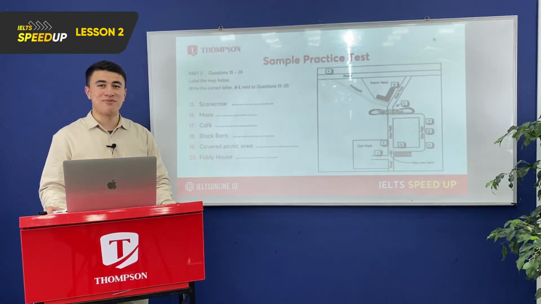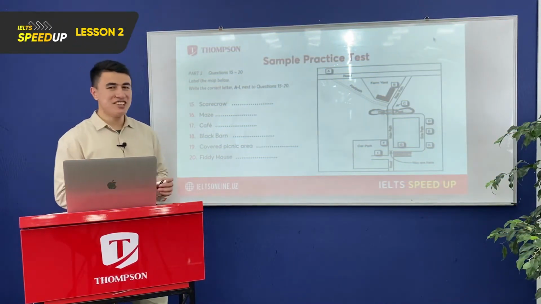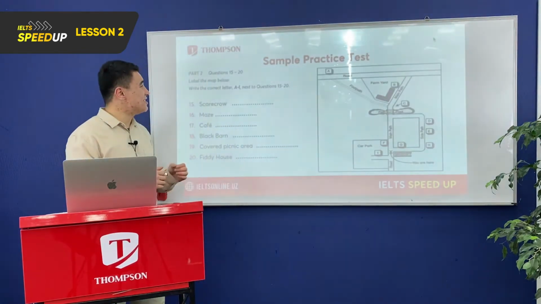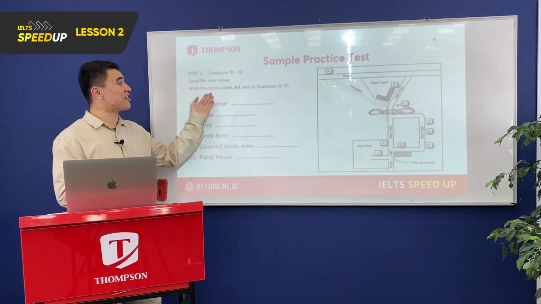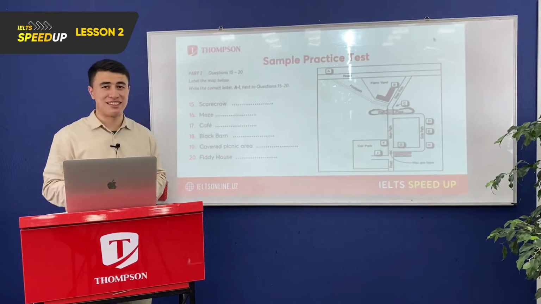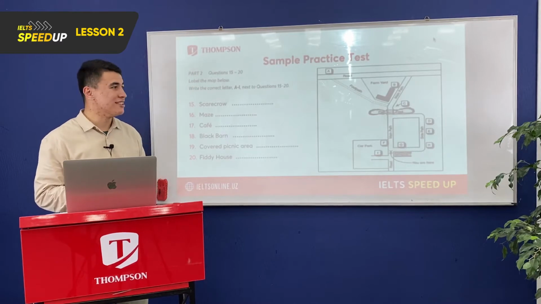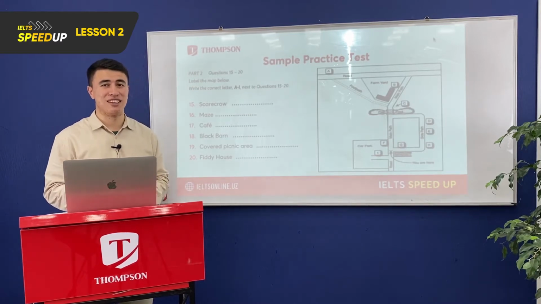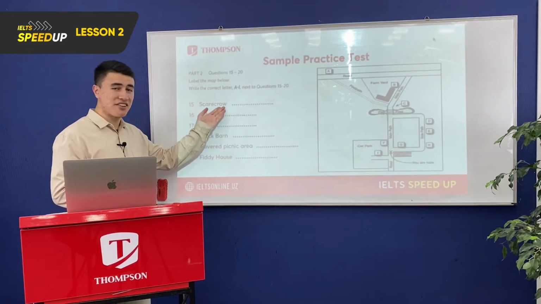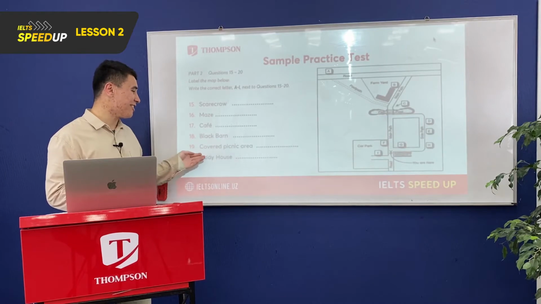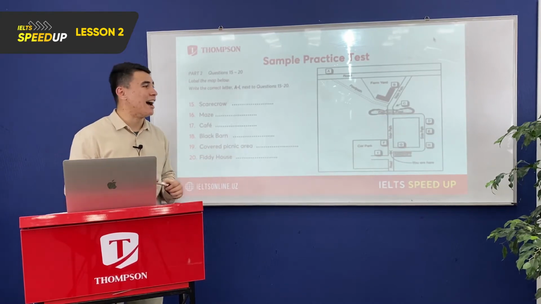Let's start practice. So here we have map labeling, and the instructions are: write the correct letter from A to I next to questions 15 to 20. So we should identify the location of the following: scarecrow, maze, cafe, black barn, covered picnic area, and feeding house.